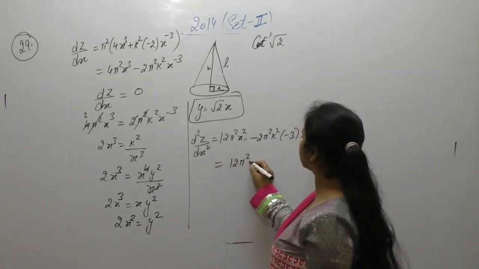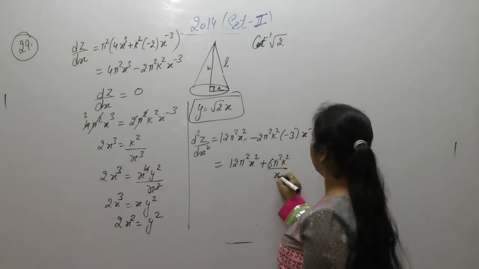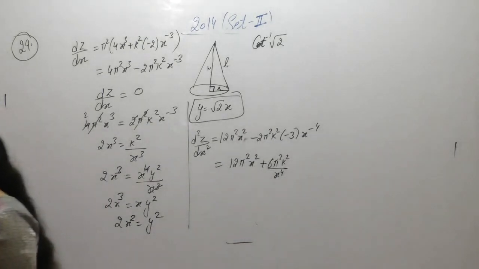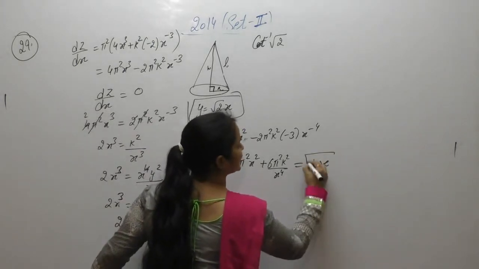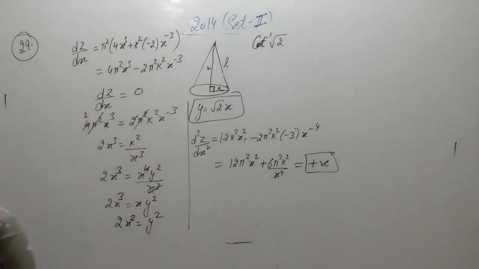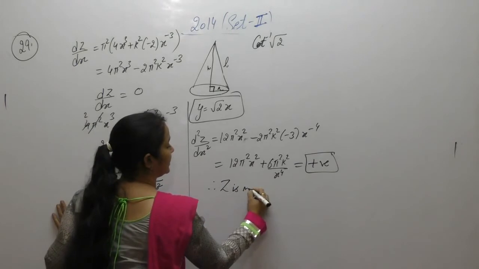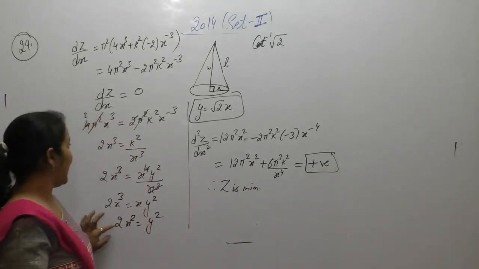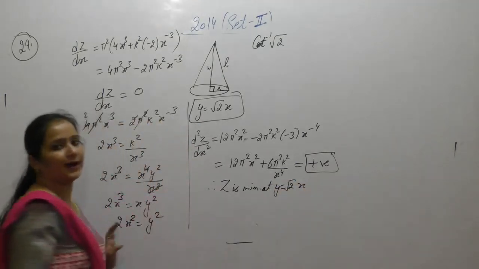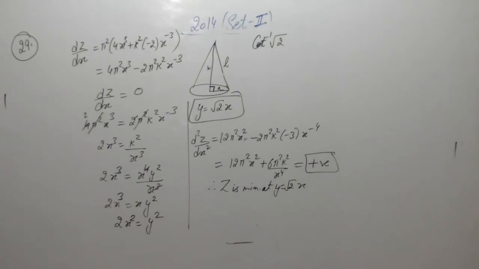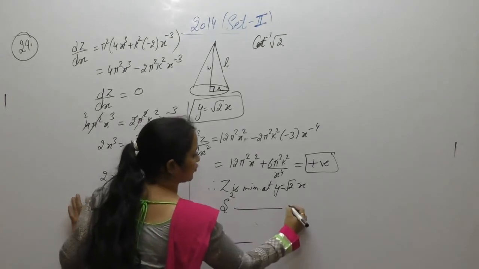So 12 pi square x square plus 6 pi square k square upon x power 4. Now all these terms are positive, so we get the result as positive. Since the second derivative is positive, therefore z is minimum at y equals square root of 2 x. If z is minimum, what did we assume z to be? S square. So S square is minimum at this.